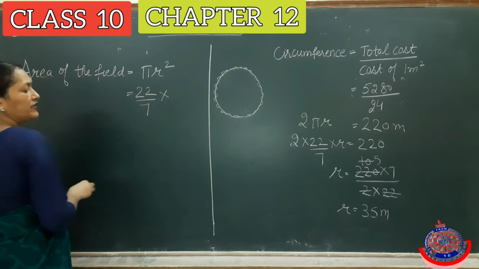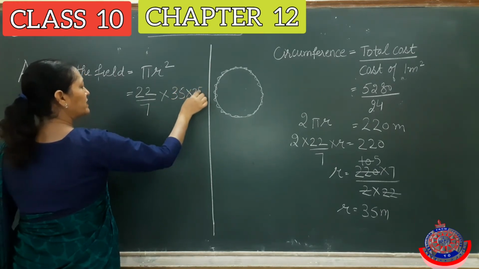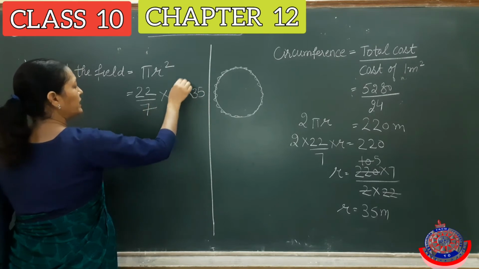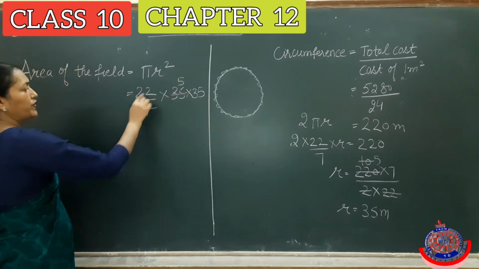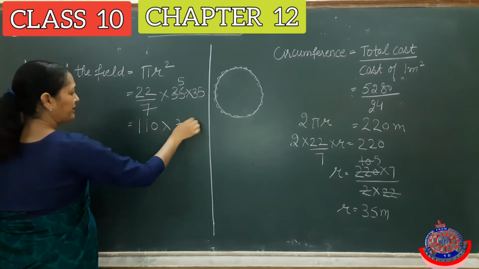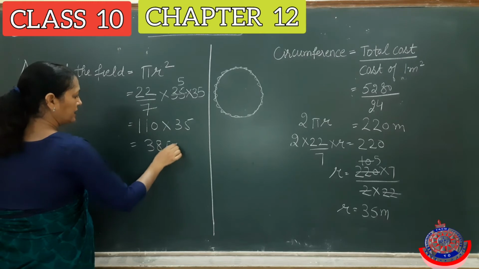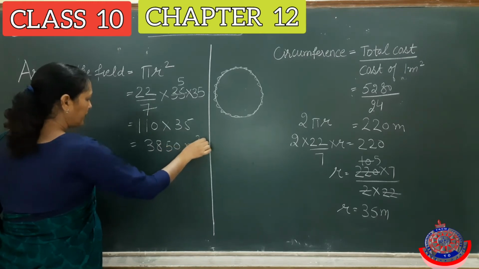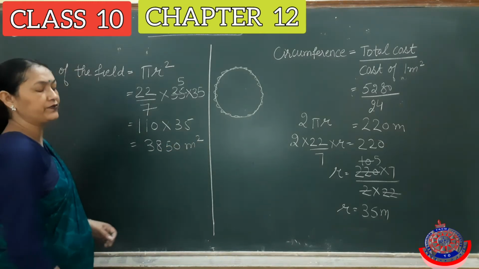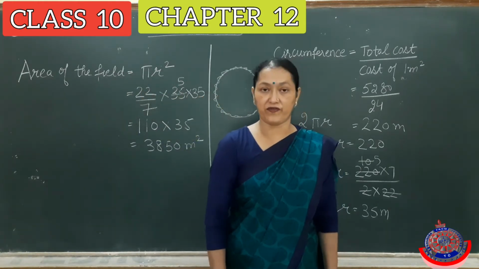Pi is 22 by 7 and r is 35, so r square means 35 times 35. So 22 and 5 will give us 110 into 35, 35 and 11, so 3850. This value we have obtained for area of the circular field.